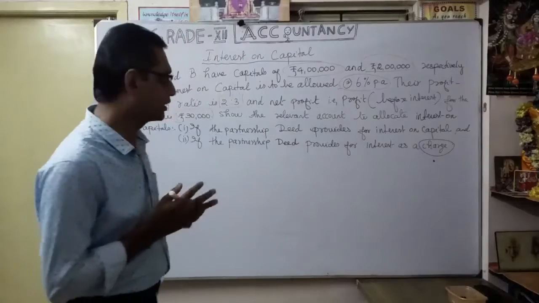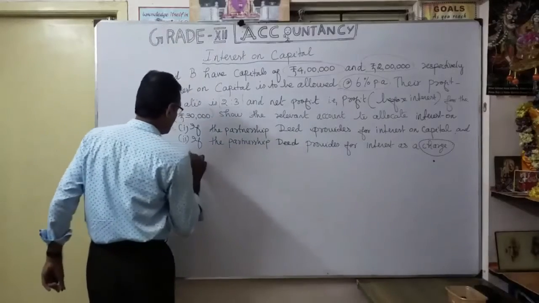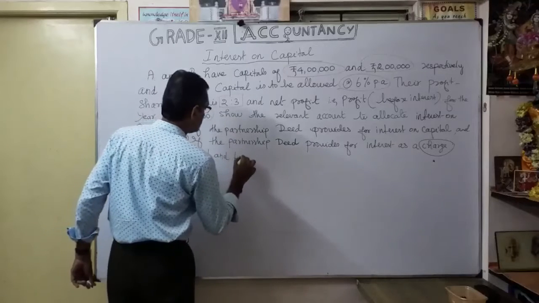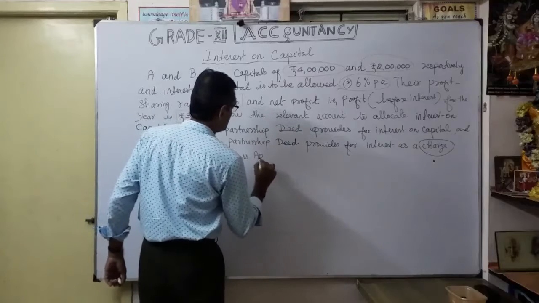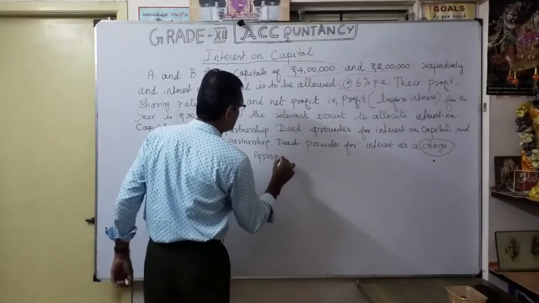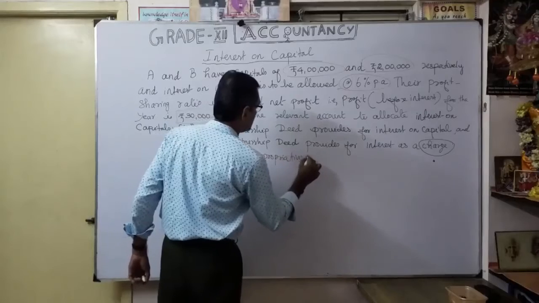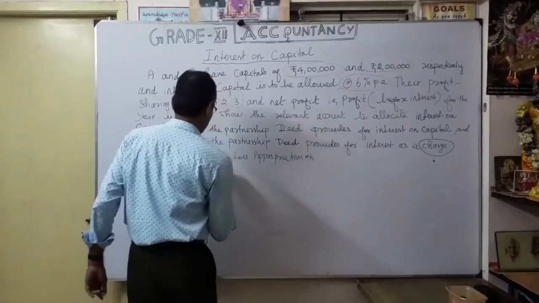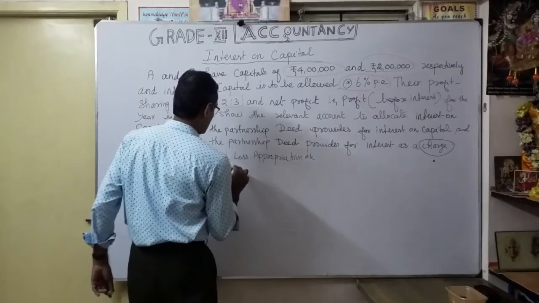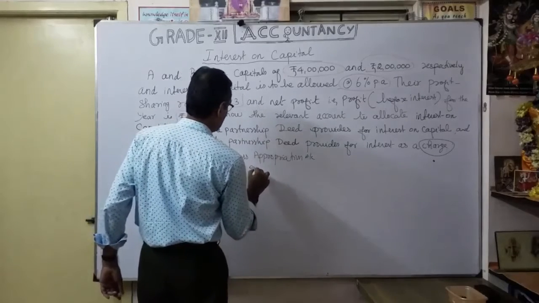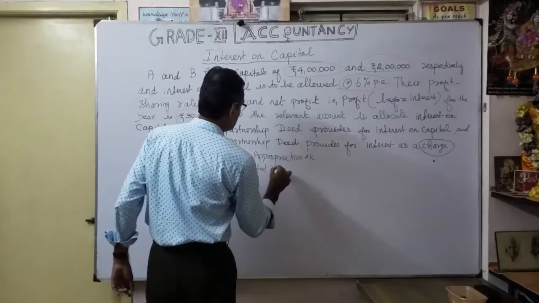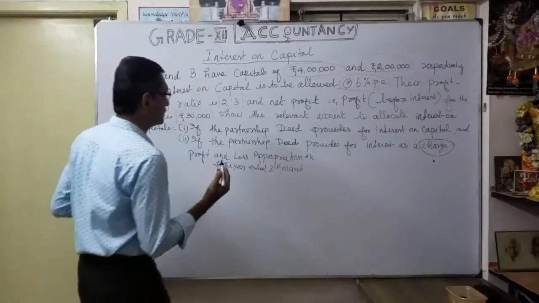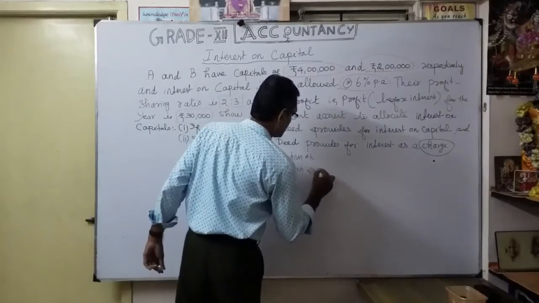As you know very well, we want to make the profit and loss appropriation account, for the year ended 31st March 2020.